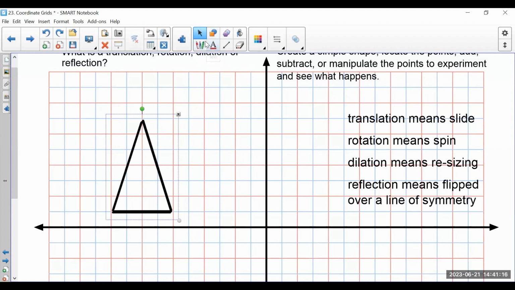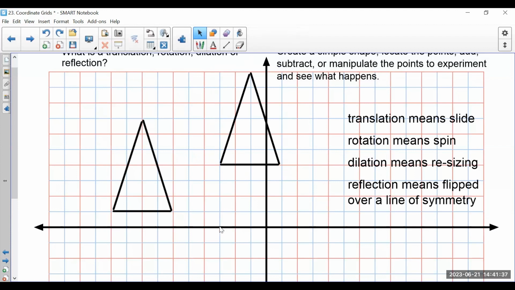So if you take a shape and you slide it somewhere else, you put it back on the grid. Okay, you can find the coordinate points. And all of the coordinate points would have the exact same difference. So for example, if this one is at -6, then the same point on the same shape is at 1.